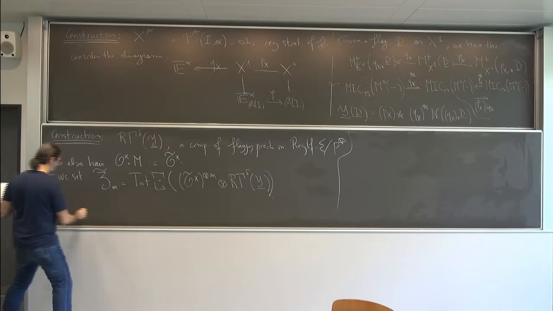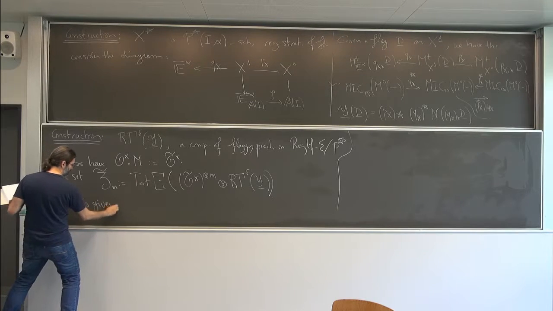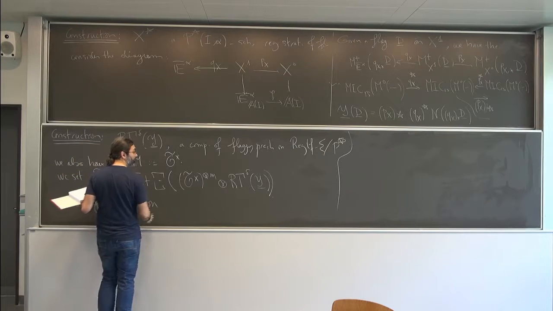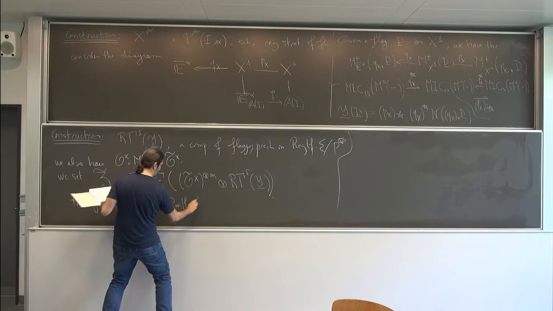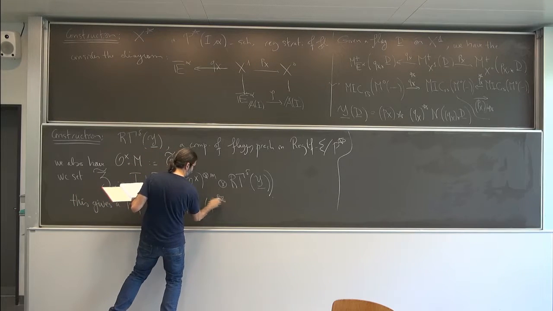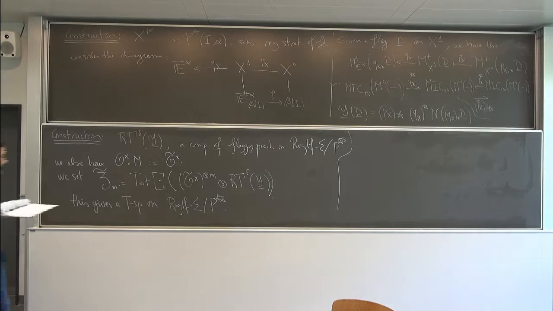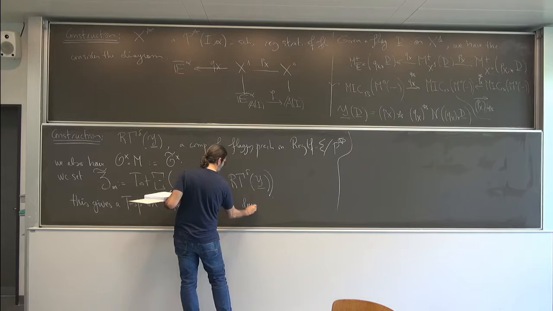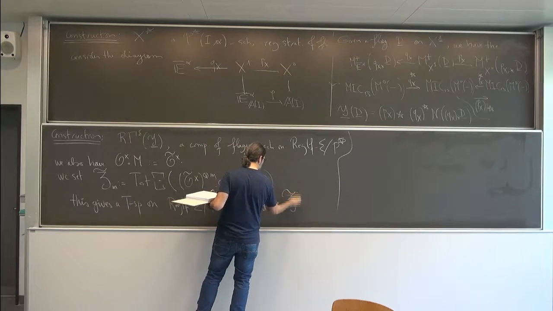So this gives a T-spectrum on the category of regularly stratified varieties or schemes over P star, a spectrum denoted simply by C tilde.